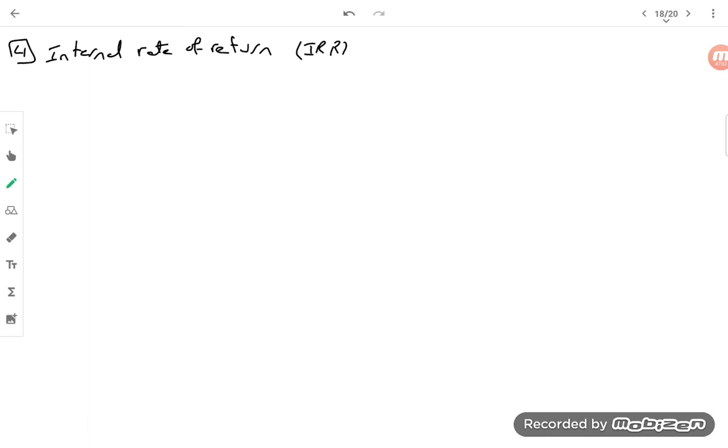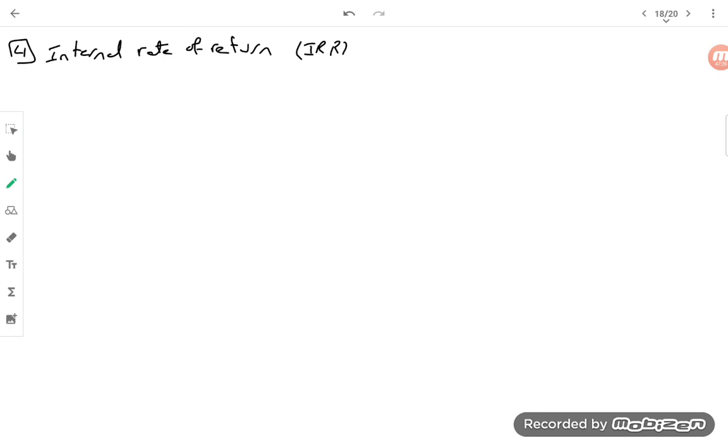Or in other words, it's the rate of return that the firm will earn if it invests in the project and receives the given cash inflows. So in this case, it's the internal rate of return if the net present value equals 0.